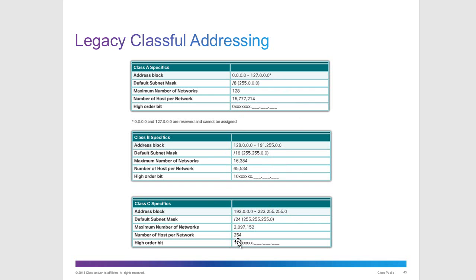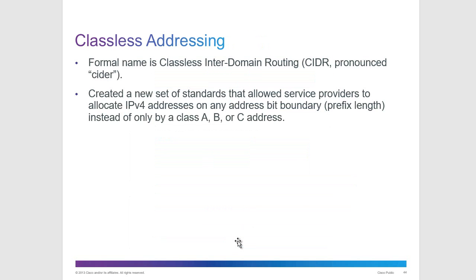Instead of using that, which is wasteful, we use classless interdomain routing, or CIDR notation. That was the slash this or slash that we saw. We saw slash 24 to indicate a subnet mask of 255.255.255.0. We saw a couple other slash numbers; those are CIDR notation.